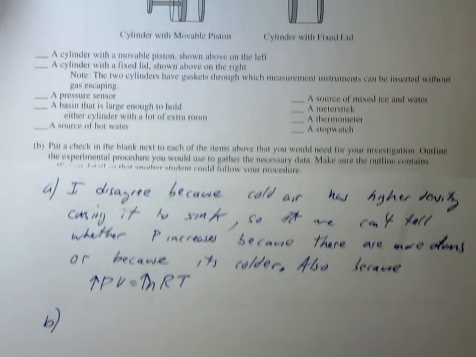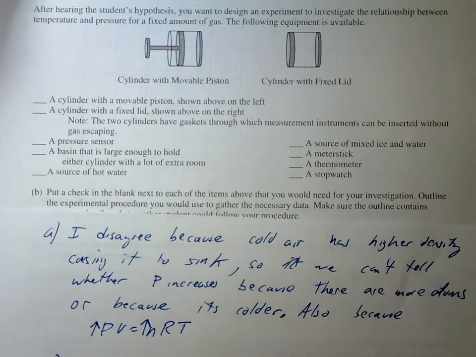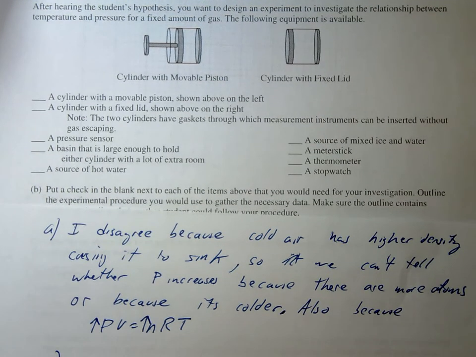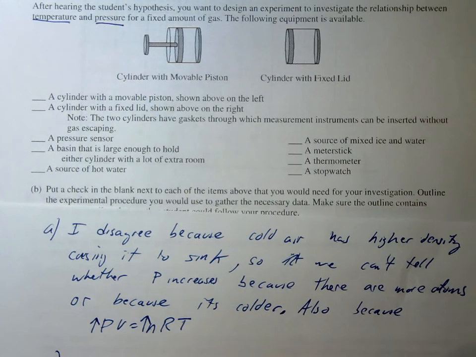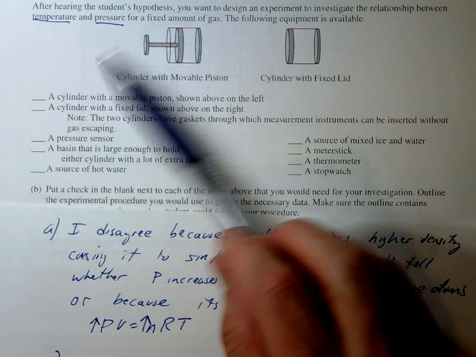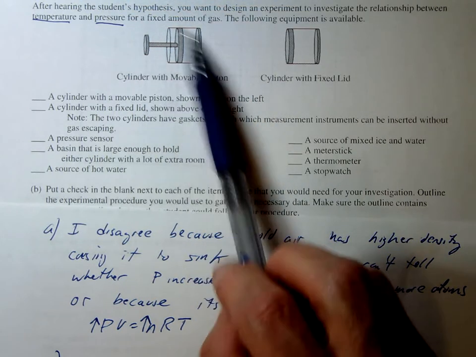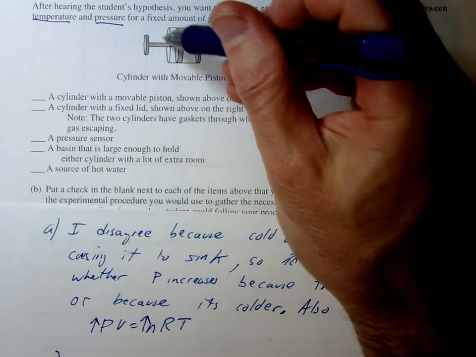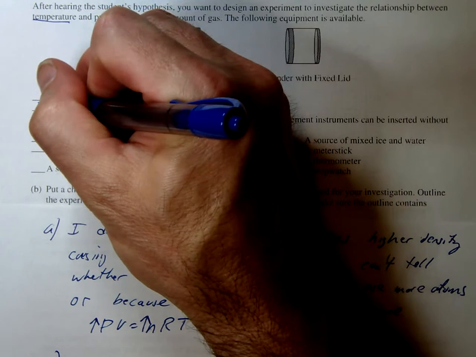Okay, so here's our next thing. Basically, we want to investigate the relationship, right? And the key is we're looking for temperature and pressure. Now the cylinder with the movable piston is going to be useful if we want to compare changing volume, if we want that to be one of our variables. So we're not going to use this. We are going to use the cylinder.